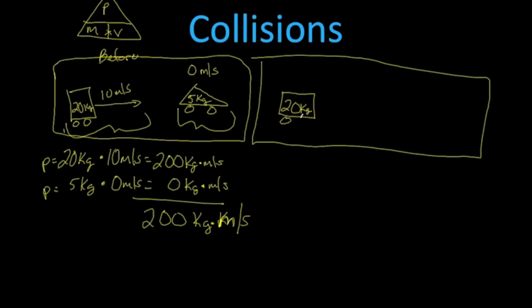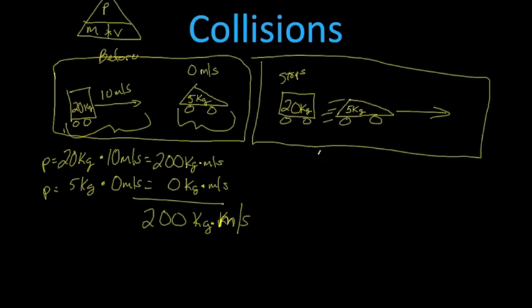If they hit and the square cart stops, it's going to send the triangle cart moving. So now the triangle cart, remember it's 5 kilograms, is now going to take off moving toward the right.